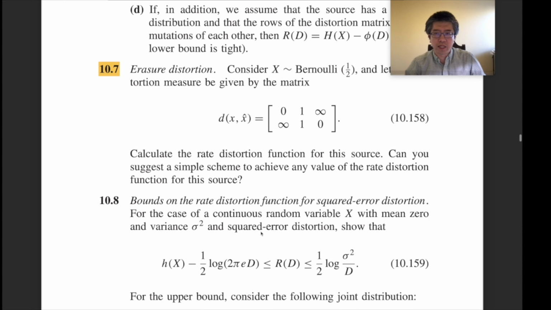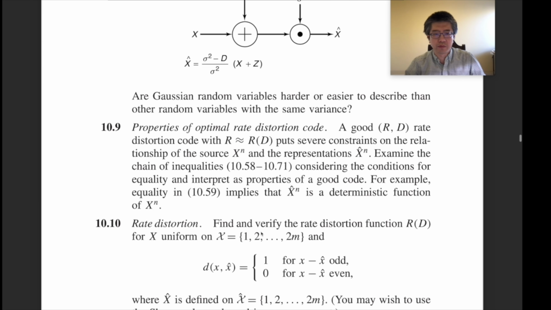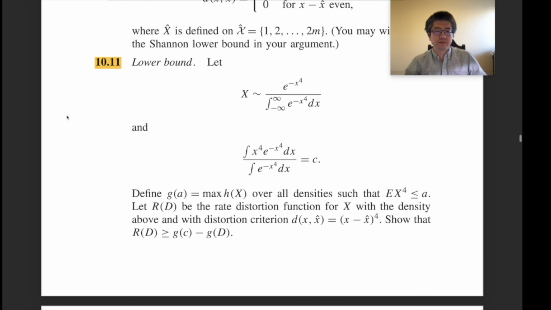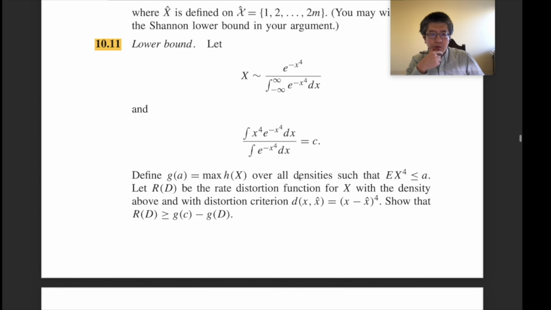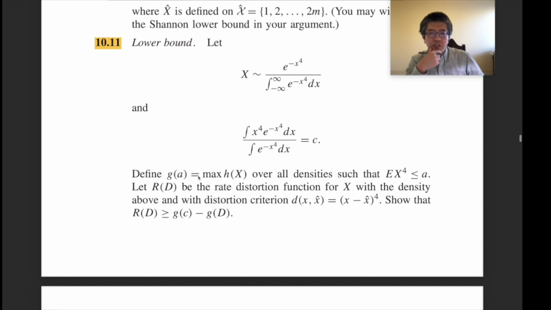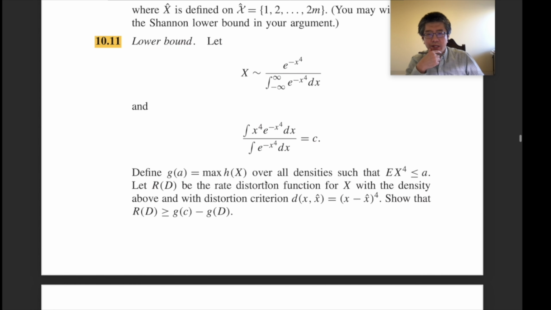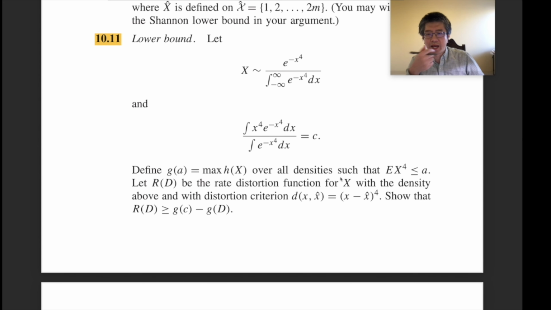Okay, so next, let's take a look at our next problem, which is problem 10.11. Okay, so this problem is called lower bound. And we assume x follows this distribution, and we assume that this value is c. Okay, and we define G_A as the maximum of h of x over all densities such that this is satisfied.